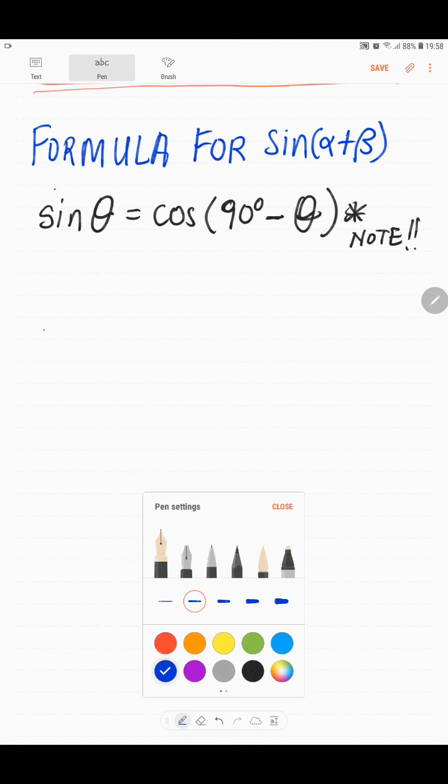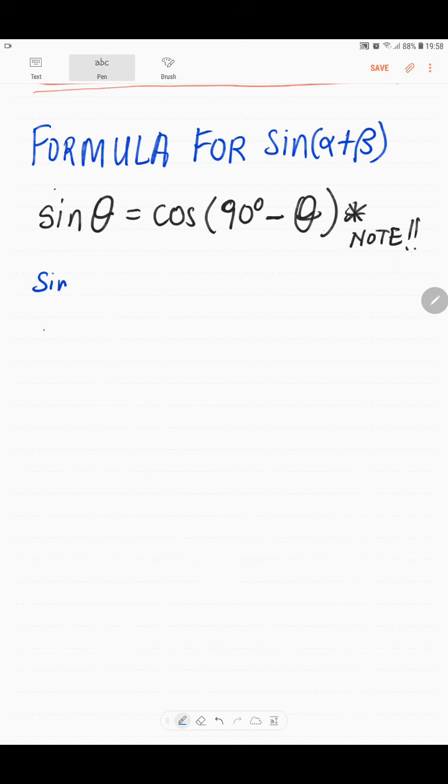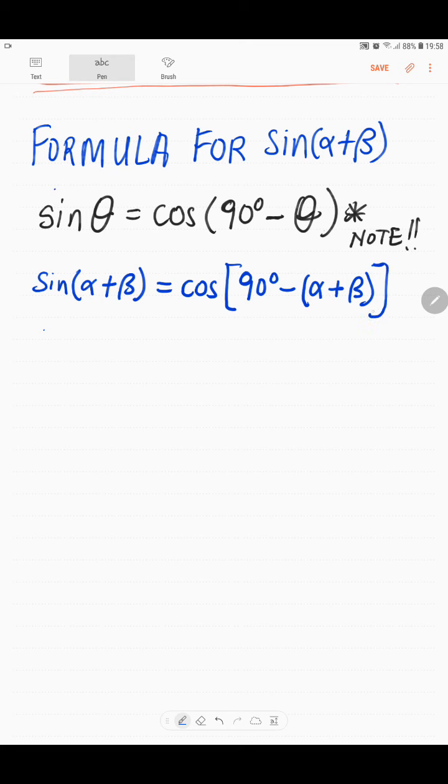And so if we now go back, we would be able to express sine alpha plus beta in the following manner: cos 90 minus alpha plus beta.